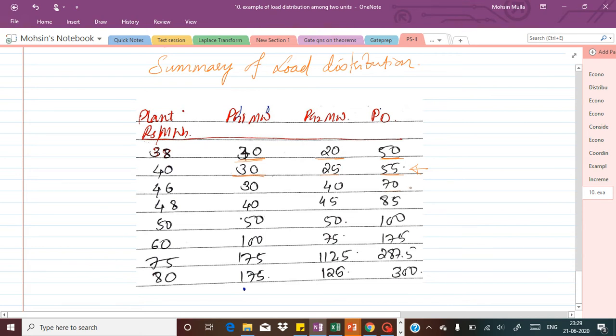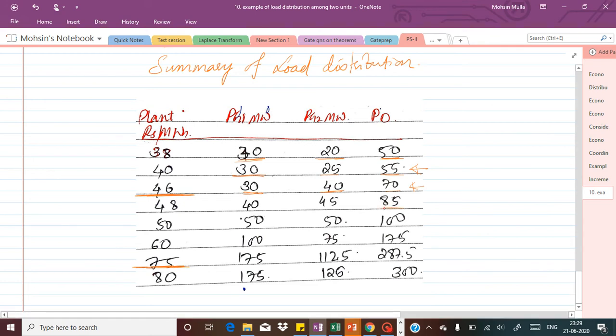Similarly, at 70 megawatt of demand, Pg1 is again kept at 30, and Pg2 is increased to 40 megawatt. Still the incremental cost is 46, which is now the incremental fuel cost equal for both the generators. Afterwards, from this point onwards up to 75, the two generators are loaded for equal incremental value.